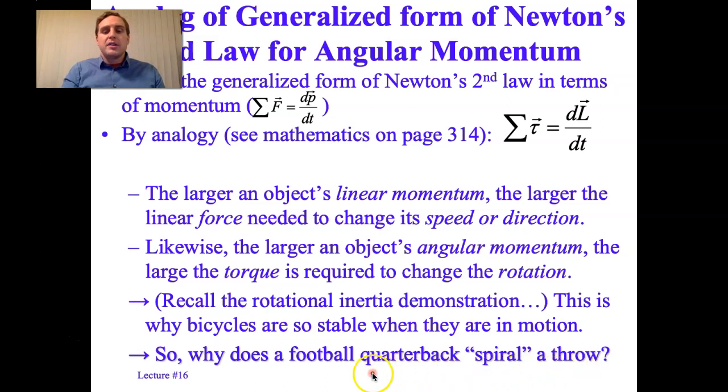This is the same reason that basketball players spin a basketball when they shoot it, because the rotation of the ball allows it to stay on a nice trajectory that's not easily swayed by even small air currents, because we retain the direction of the axis that the ball is rotating about.